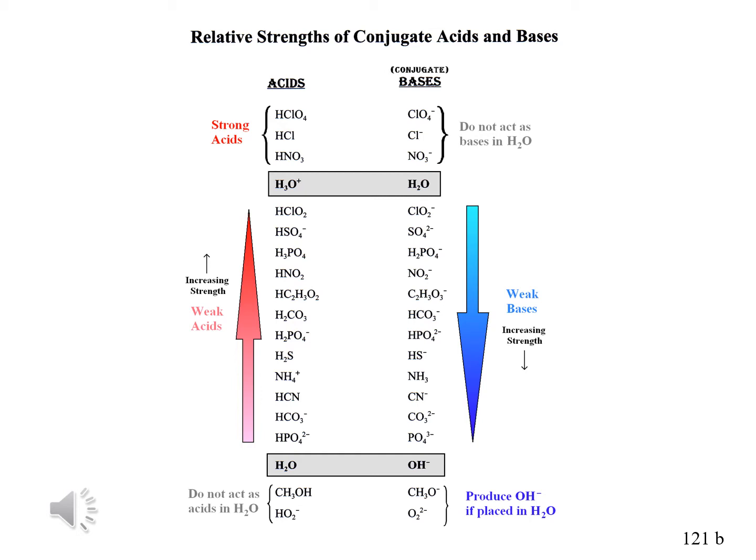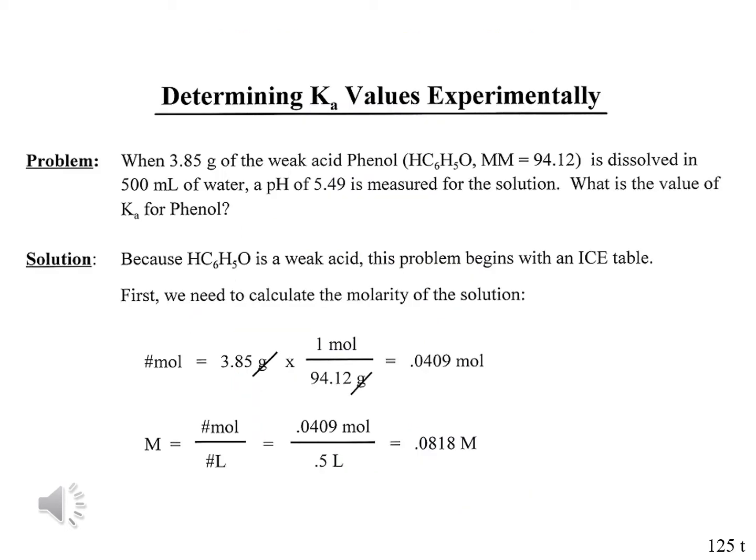The thing is, though, this is a very straightforward method of doing it, and it's a little bit different than what you're going to do in the lab, but it's very instructive. All you really have to do to get the Ka of an acid in experimental circumstances is to dissolve a known amount of the acid in a known amount of water and measure the pH with a pH meter.